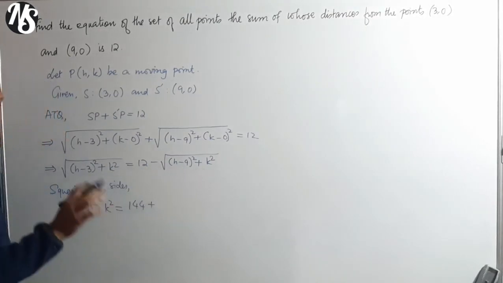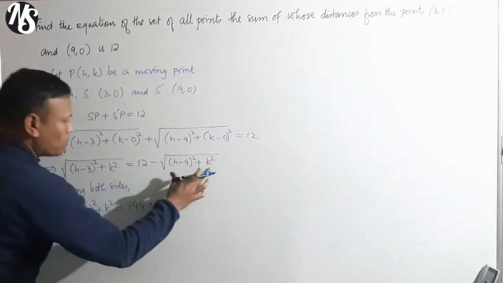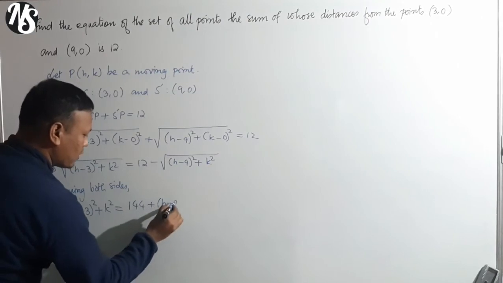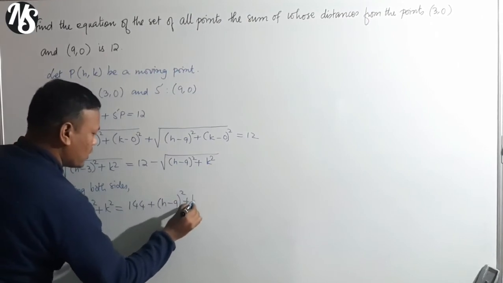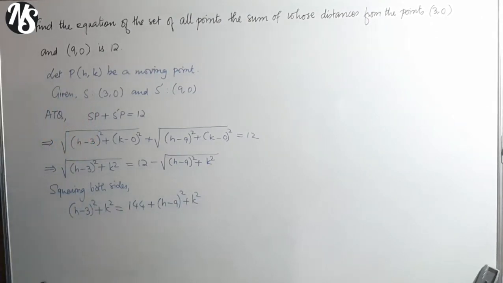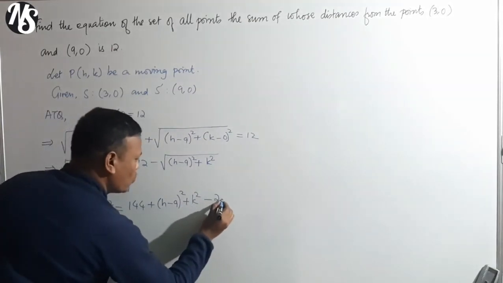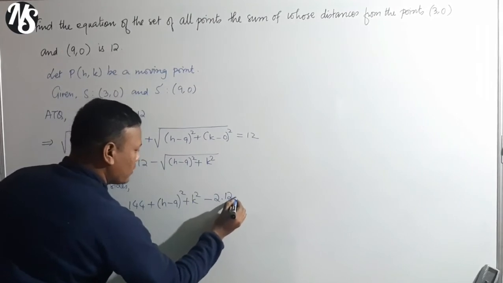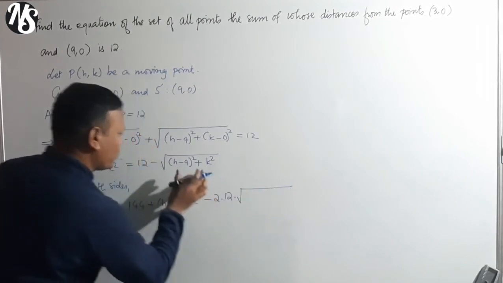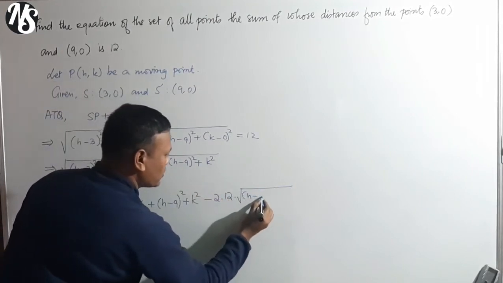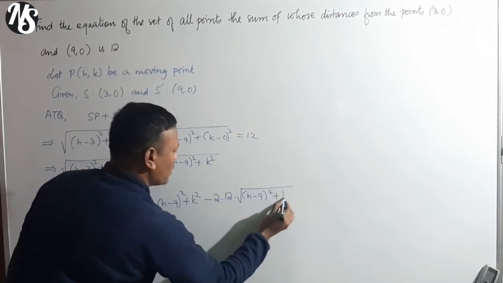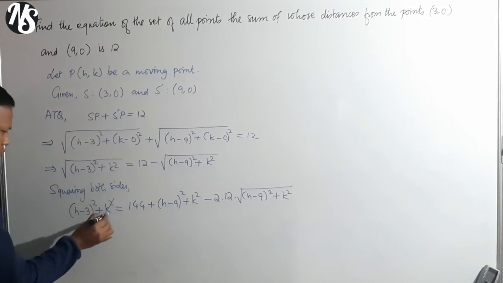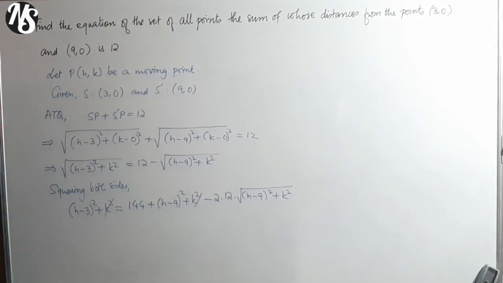So b square means this square becomes (h minus 9) whole square plus k square, minus 2ab, where a is 12 and b is this full thing, that is the square root of (h minus 9) whole square plus k square. Here we see that k square and k square get cancelled.